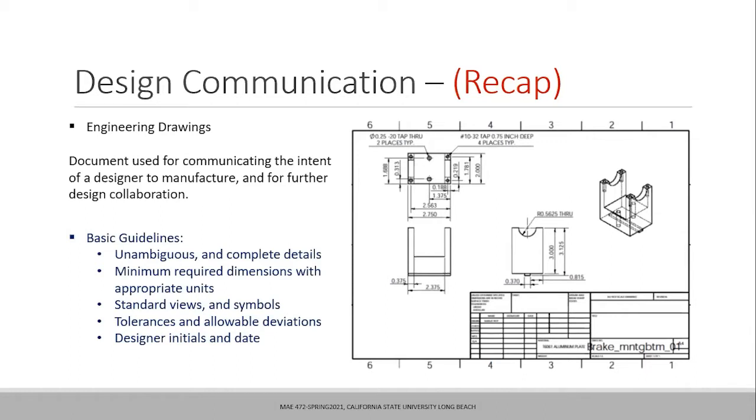So I want an isometric view of the part, the front view, side view, and a top view, along with all the information. I mean, dimensioning, along with any other information that you think needs to be there for the fabrication. So that is the component level drawing.